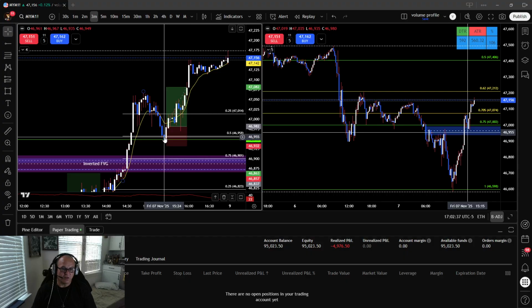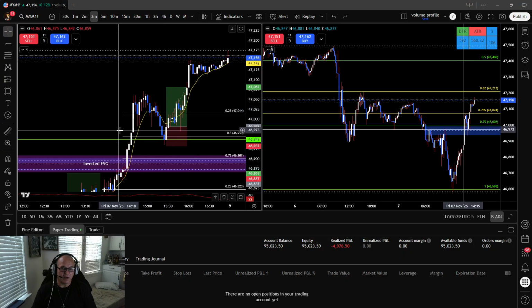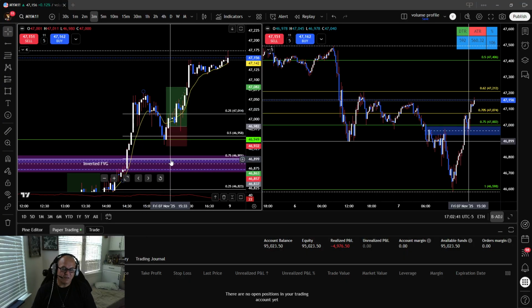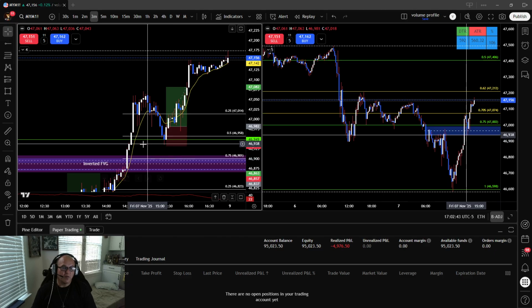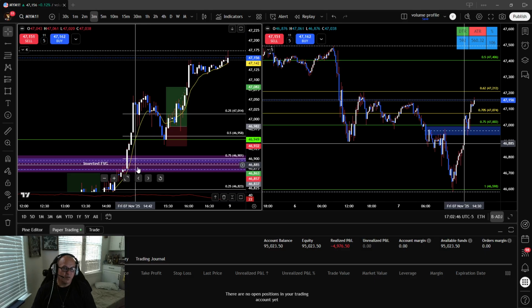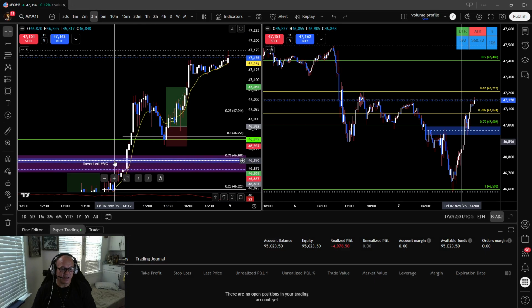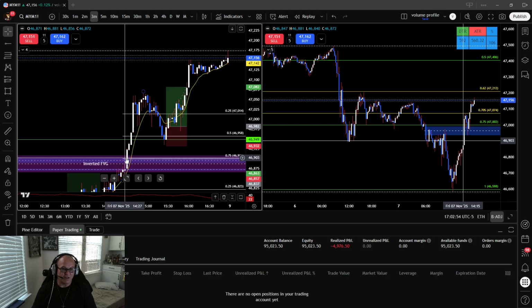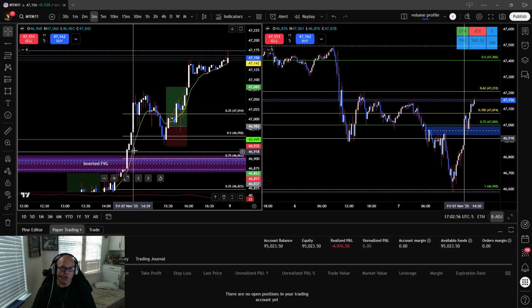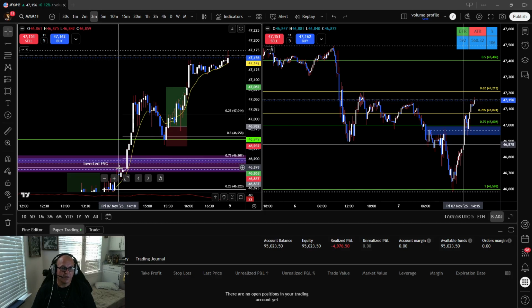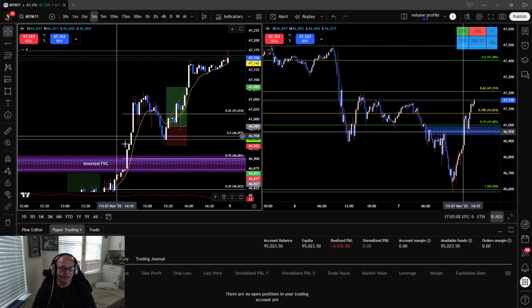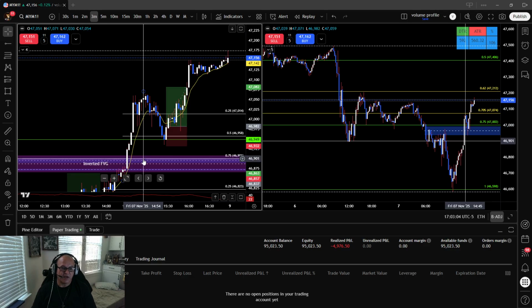If you get a reversal off of one of these three levels on a pullback, I don't particularly love the 75, but I would have taken it here because this inverted fair value gap and these bullish fair value gaps that just became inverted fair value gaps should definitely hold as support into this bullish fair value gap. So I would have definitely taken that trade.